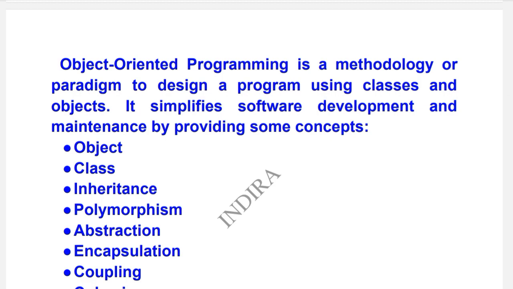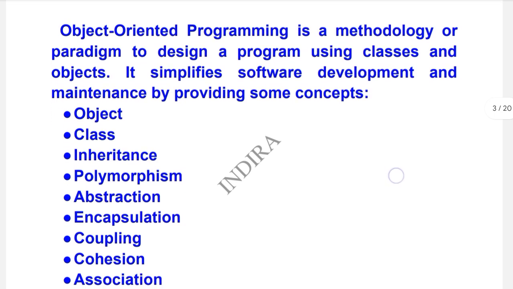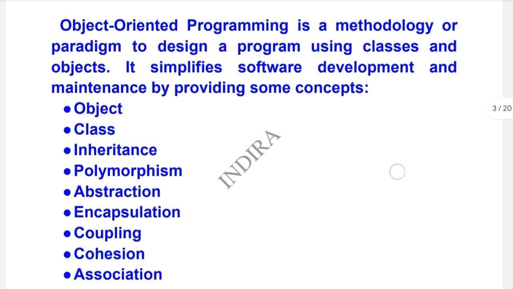What this definition says is that object oriented is just a process to design a program using classes and objects, and it simplifies software development and maintenance by providing all these concepts. What are the concepts? Object, class, inheritance, polymorphism, abstraction, encapsulation, coupling, cohesion, and association.